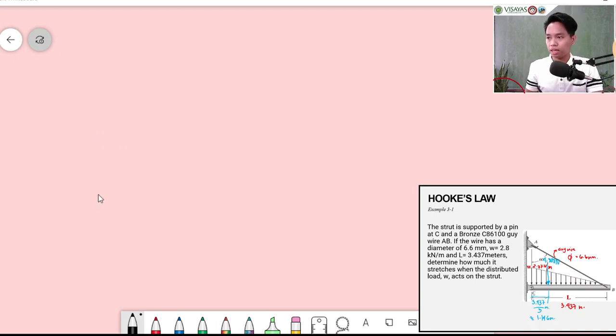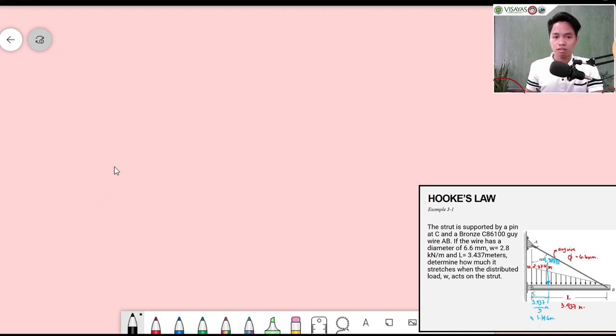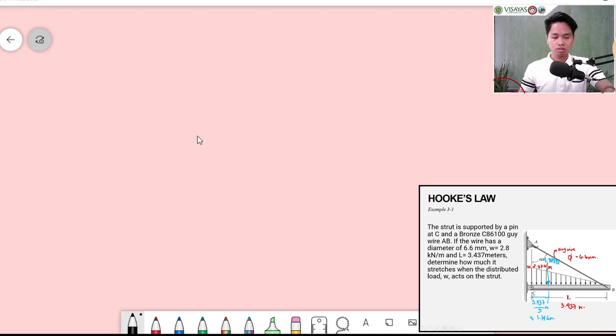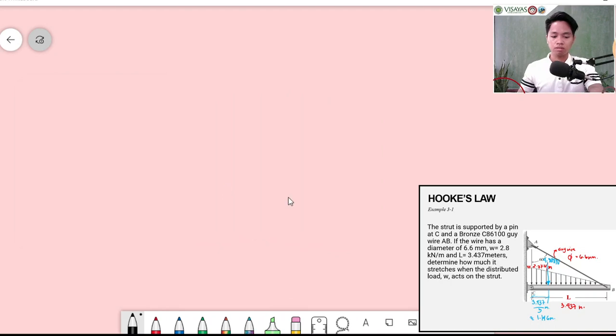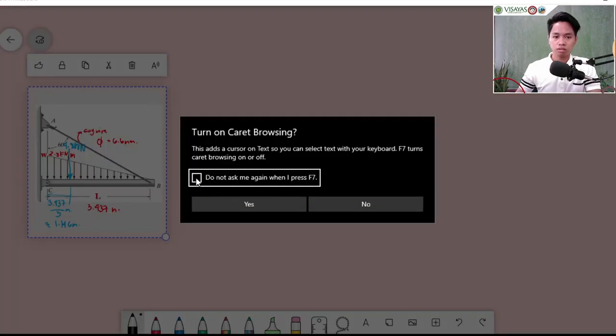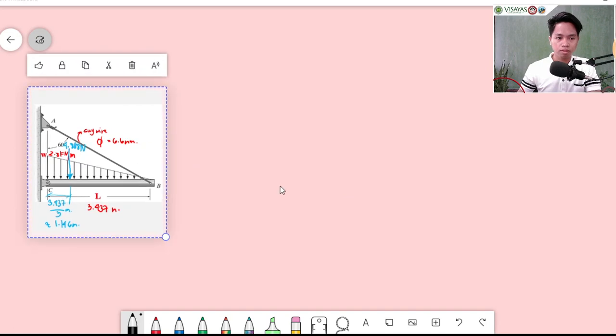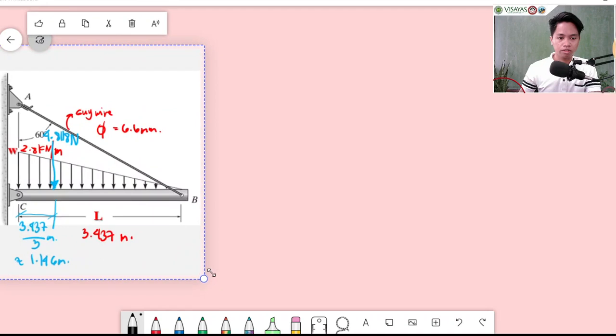That is pin at A, right? That is pin at C. It's not very clear to me. So wait. Okay, let me just enlarge this one.